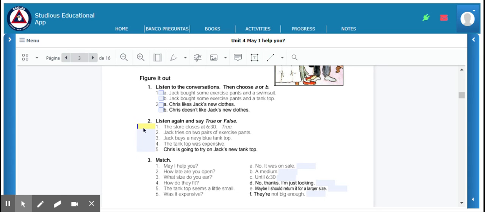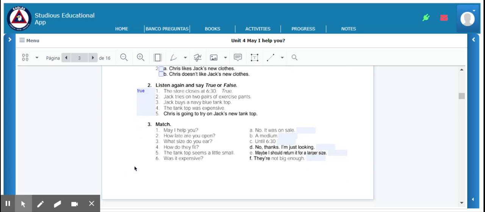So if you're working on your tablet, simply type true. Or if you're working in your notebook, you can write the title of the lesson you're working on today, the exercise title, which is number 2, true and false, and write number 1, true, number 2, false, and so on.